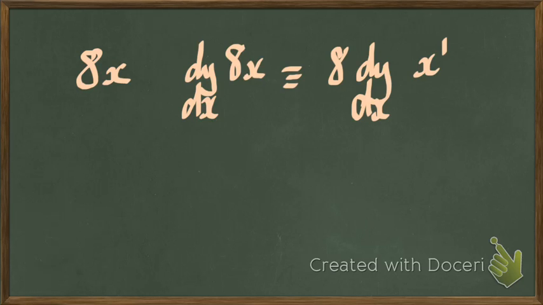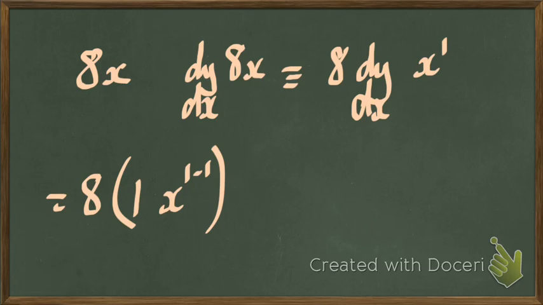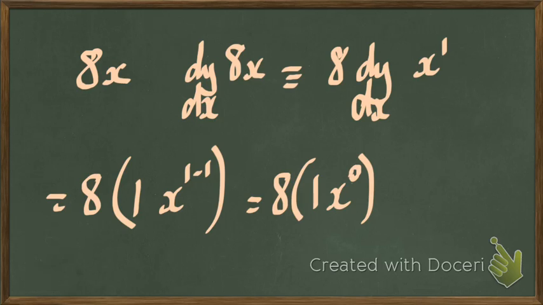So that equals 8, x to the 1 minus 1, bring the power down, which is 1, keeping it separate, and so we have 8 times 1 times x to the 0, which all equals 8, so it's a very long-winded explanation, but just to show you that it's easily doable.